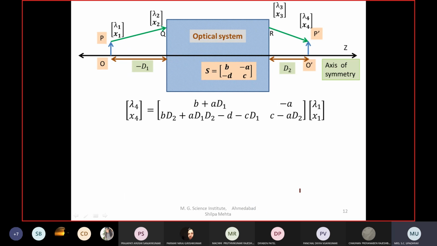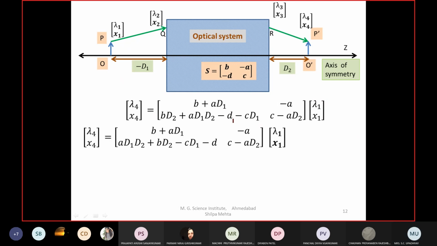So our same equation is here, and now we rearrange this term in such a way that first element is a term first, then b, then c and then d. In that way we write this term again. So same matrix is same, but rearranging the term of third element, and we get this b plus d1 minus a d1 d2 plus b d2 minus c d1 minus d and then c minus a d2, and it is operated on lambda 1 x1, we get lambda 4 x4.